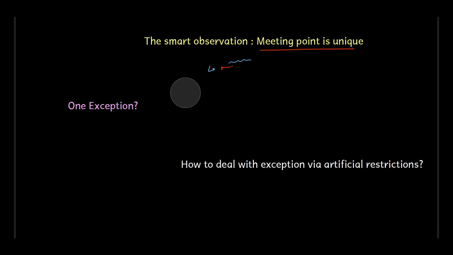But there is just one exception, which if you were observant enough, you would have already noticed. The exception is that when you are doing this, we said that we have to stop the process at 1.